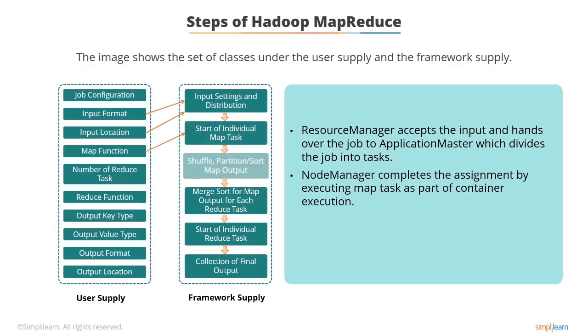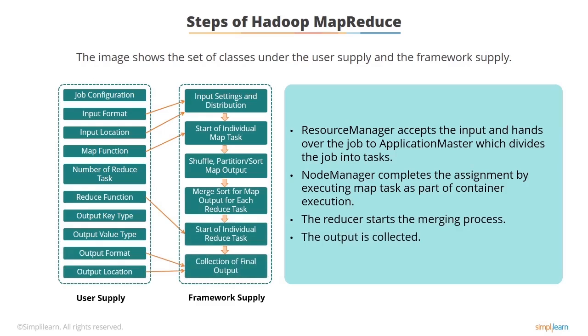It performs shuffling, partitioning, and sorting for individual map outputs. Once the sorting is complete, Reducer starts the merging process. This is also called the reduce task. The final step is collecting the output, which is performed once all the individual tasks are reduced. This reduction is based on programming logic.